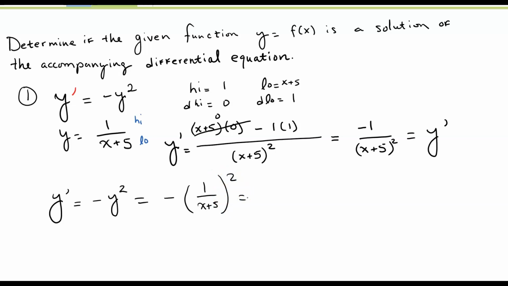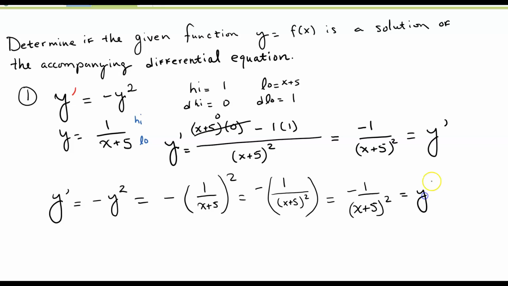Following the order of operations, we have 1 squared, which is just 1, over x plus 5 quantity squared, and all of that gets multiplied by a negative 1 that resides on the outside.